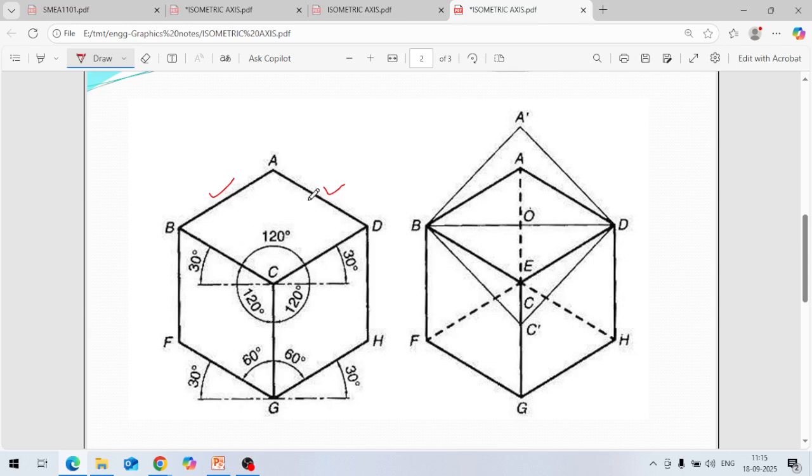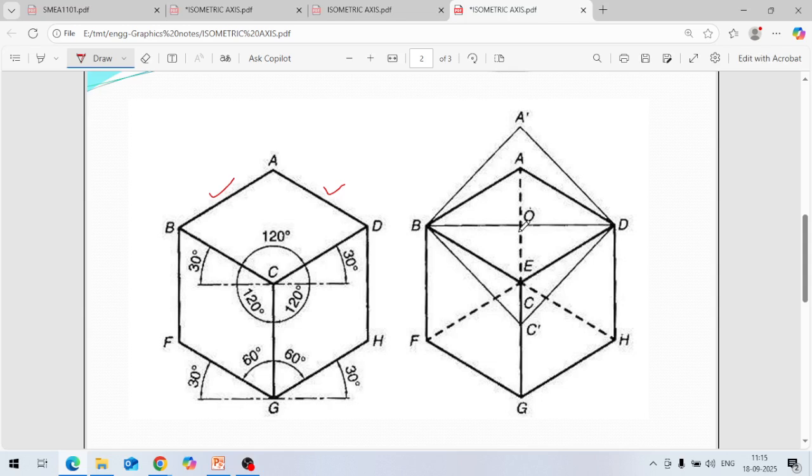So if you see here in this figure, this line BD is not an isometric line, because it is not parallel to any isometric axis. So BD is not an isometric line.